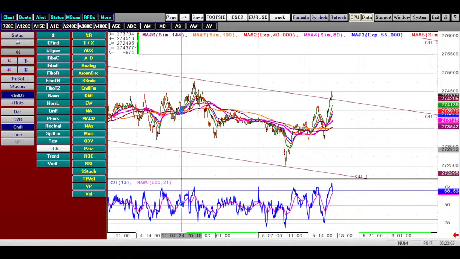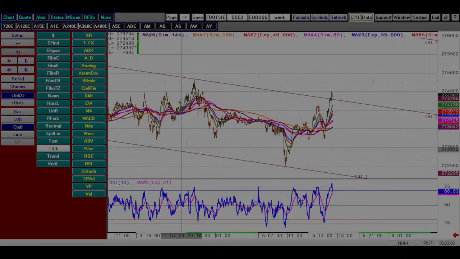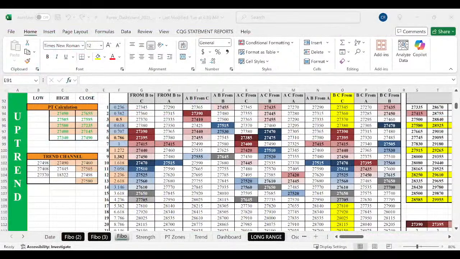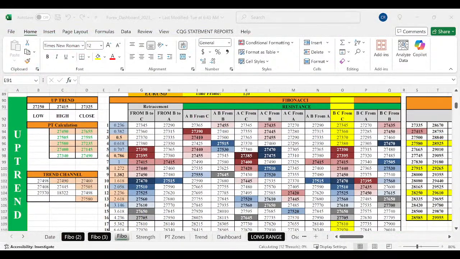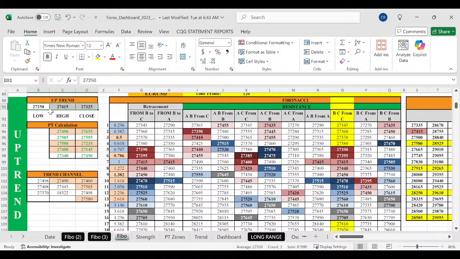Okay, so here I'll share with you the spreadsheet so at least you can see. We are doing a projection from 2725. If we are seeing that, we should see a target of 50 half, 58, and even 65.